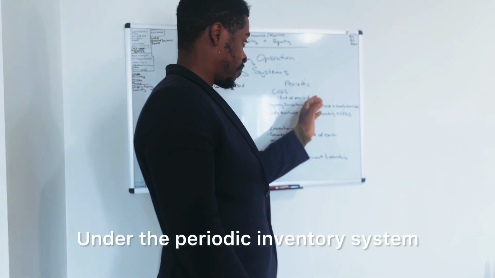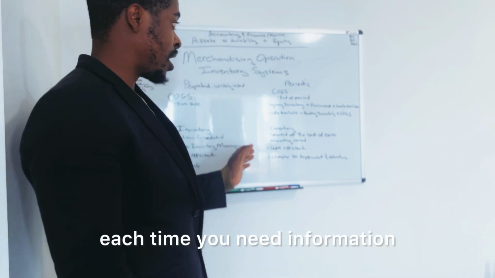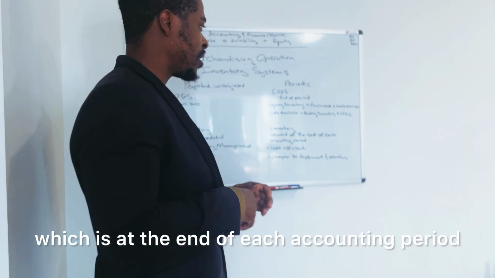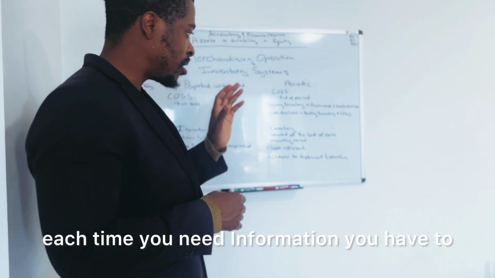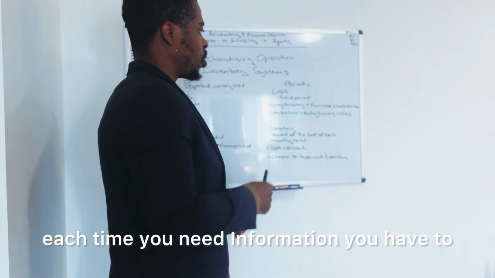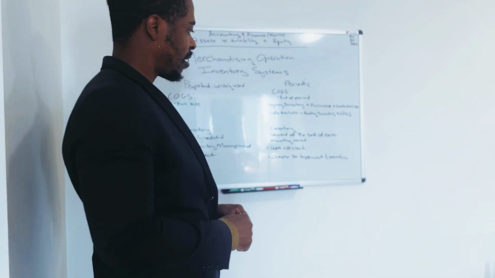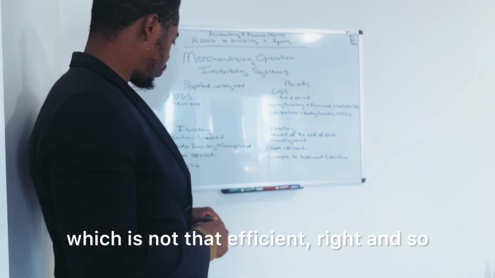Under the periodic inventory system, each time you need information, which is at the end of each accounting period, you have to do a physical inventory count, right? Which is not that efficient, right?